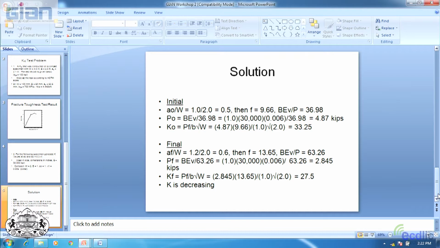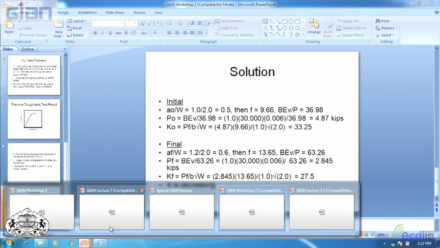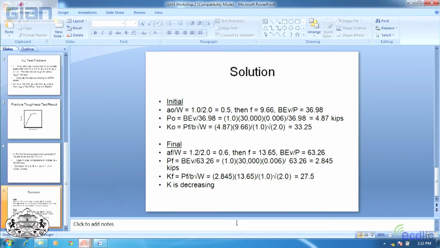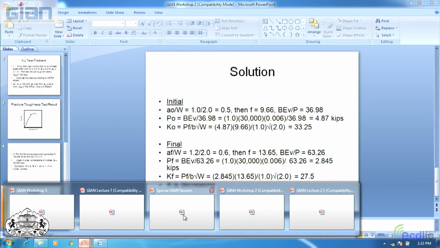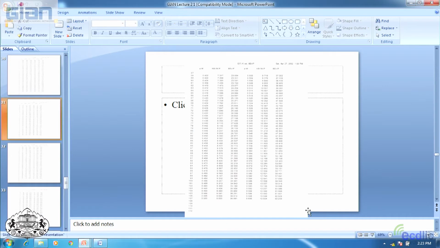And I can show you where that is for this one case, maybe. So for A over W 0.5, it would be right down here, right at the very bottom. You see that one? Okay.